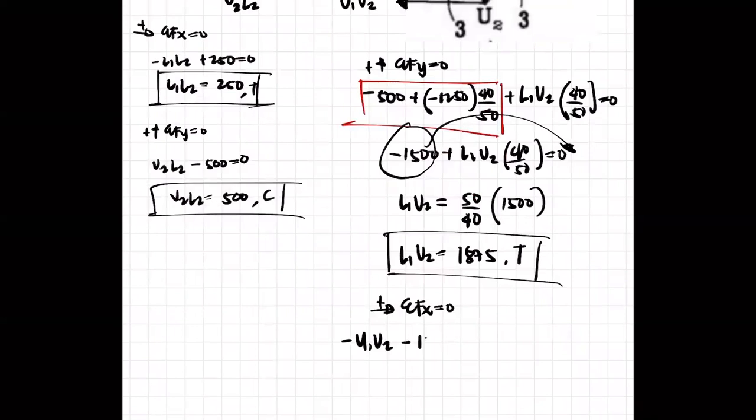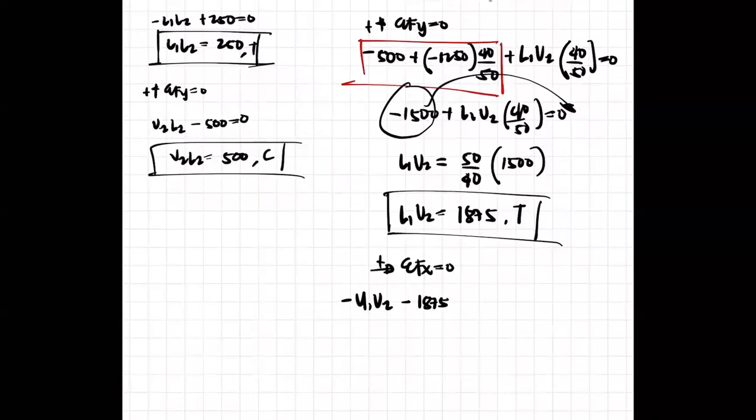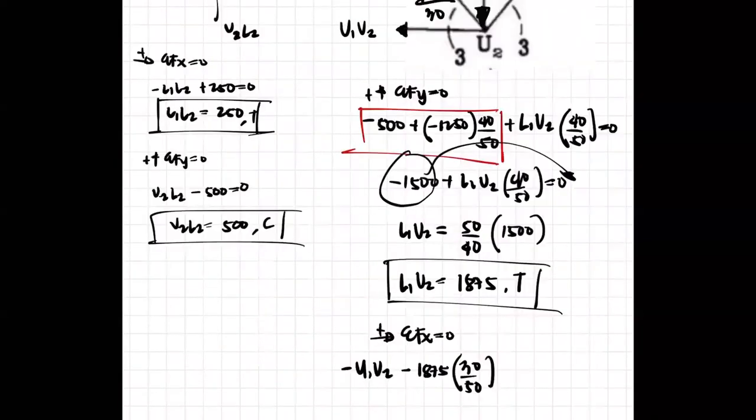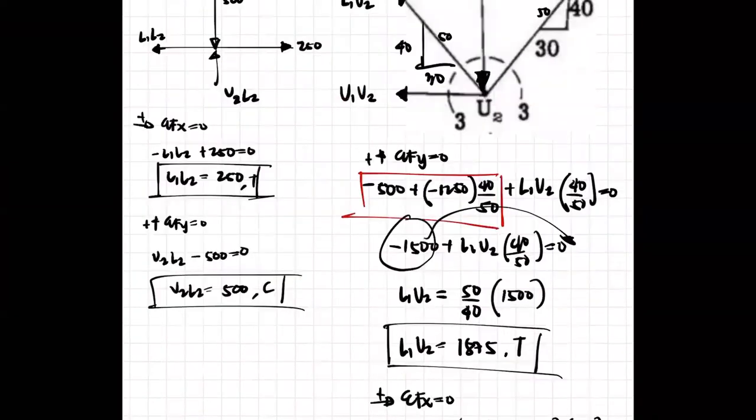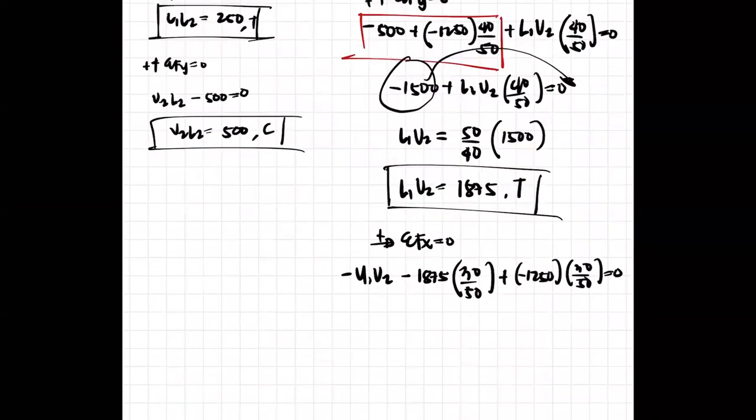That is negative 1875 30 over 50. And positive, okay, that is positive negative 1 to 50 30 over 50 is equal to 0. Okay? Transpose, no, yung negative U1, U2. So therefore, that is U1, U2 is equal to what?